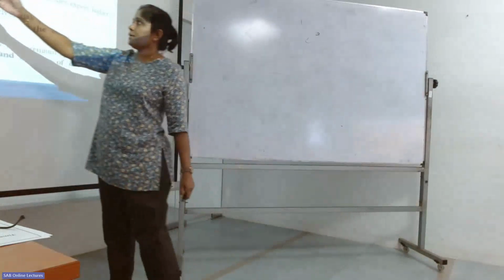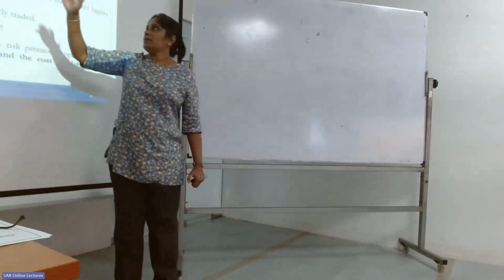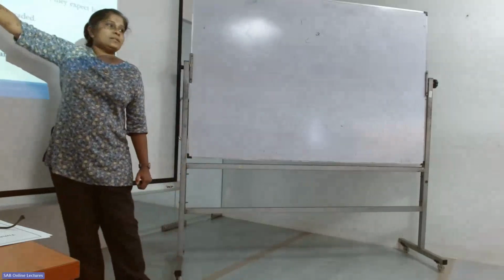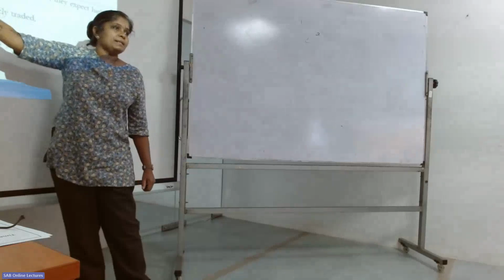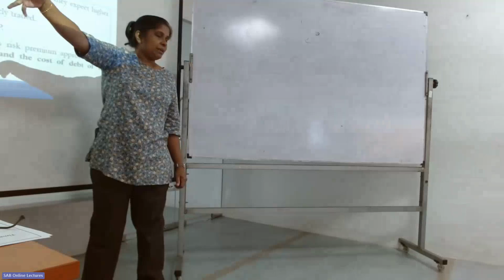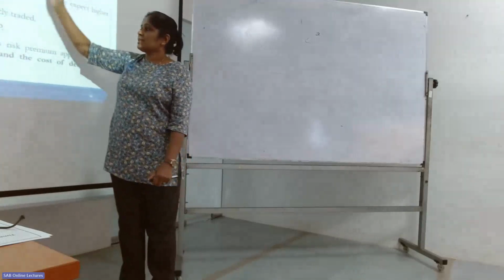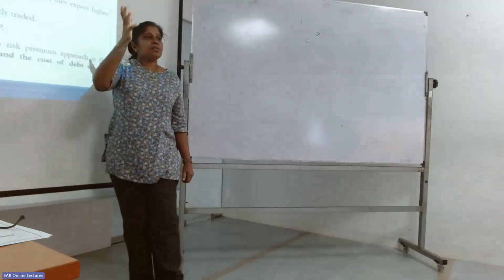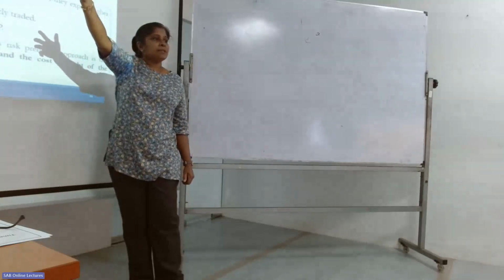Cost of equity is equal to the yield on the long-term bonds plus some risk premium. So the yield on the long-term bonds, say YTM, is the required rate of return for the debt capital provider, plus some risk premium. This risk premium is for what? Because these equity shareholders are bearing the additional risk in a company.